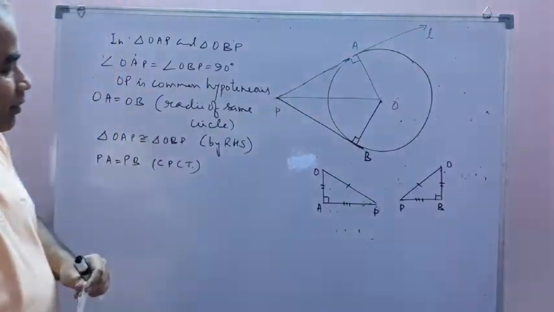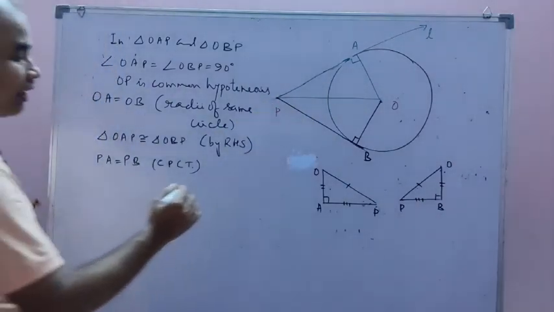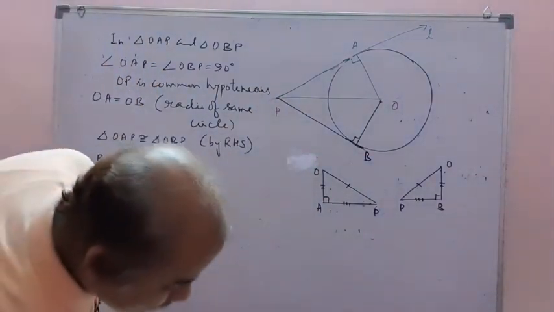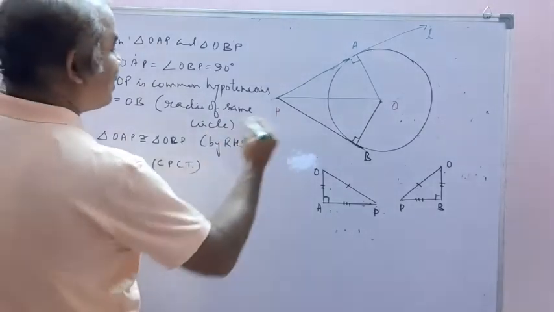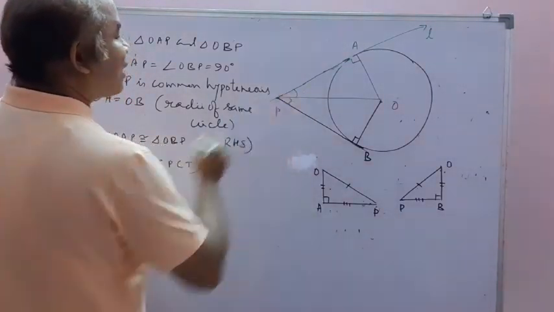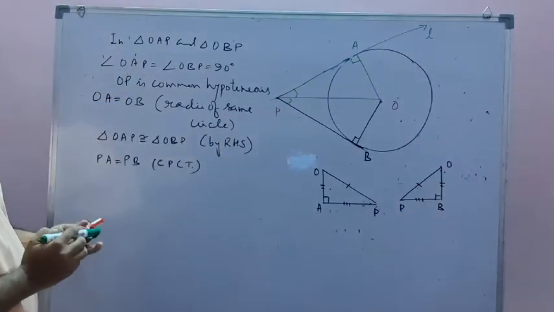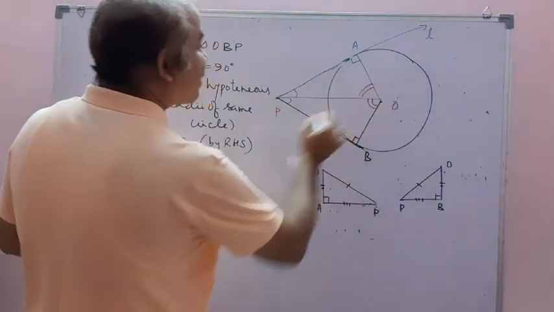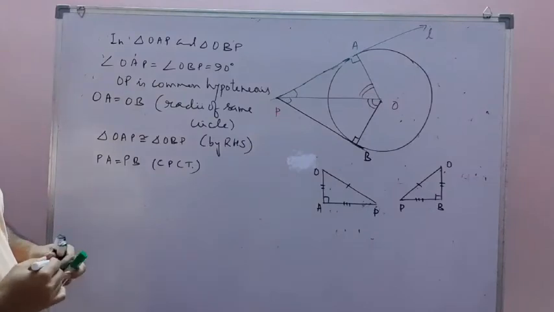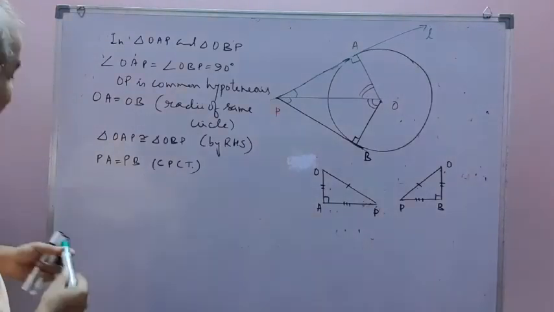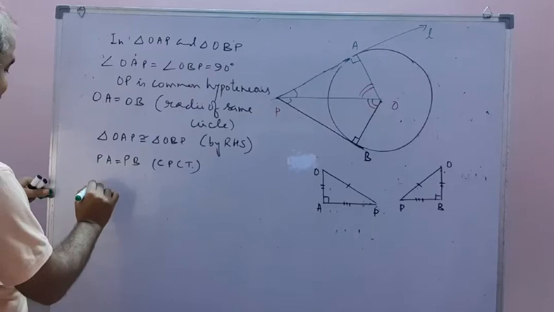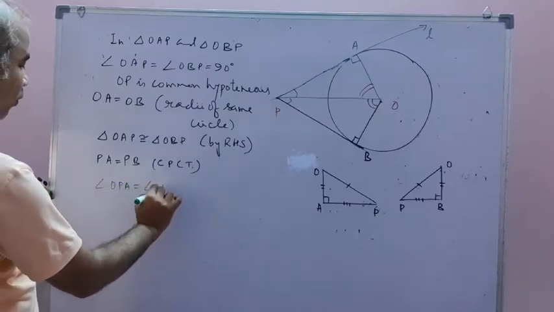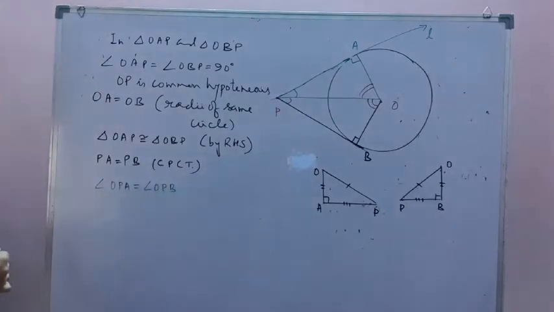Next, what can we get from this one? By CPCT, let me mark it, this angle and this angle are equal by CPCT. Similarly, this angle and this angle are also equal by CPCT. So I can say that angle OPA and angle OPB are equal by CPCT.